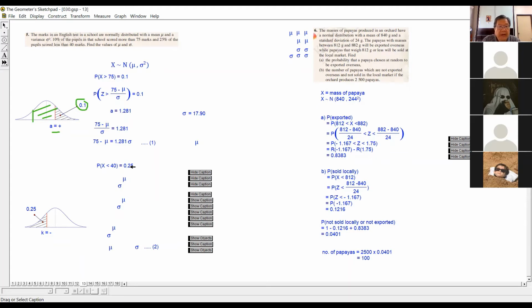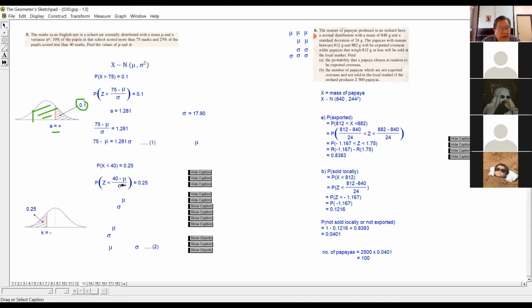Okay, if you look at the diagram here, for less than a certain number, you convert to z first. The probability of z less than (40 minus mu) over sigma equals 0.25. Now this is my z value, the z score.